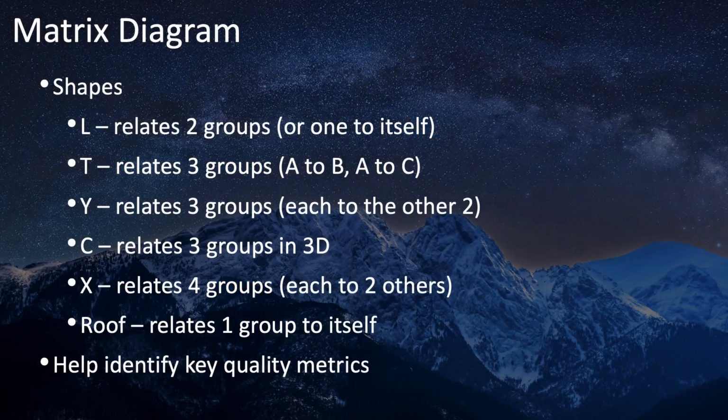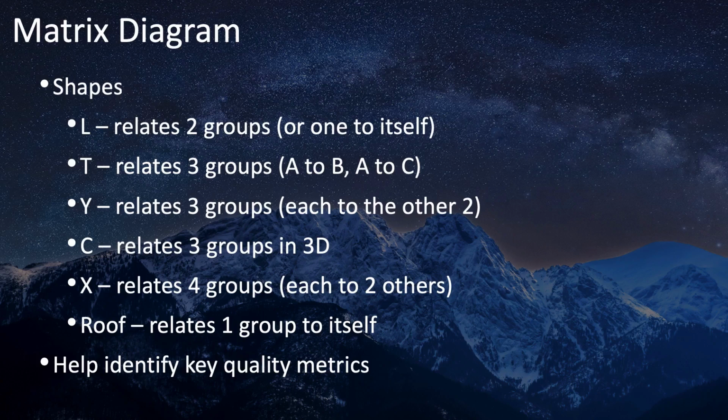We've gone through several matrix diagrams, so let's summarize the differences. We have the L-shaped, which relates 2 groups, or perhaps one group to itself. The T-shaped, which relates 3 groups, relating one to each of the other two. The Y-shaped matrix, which relates three groups but relates them all to each other.